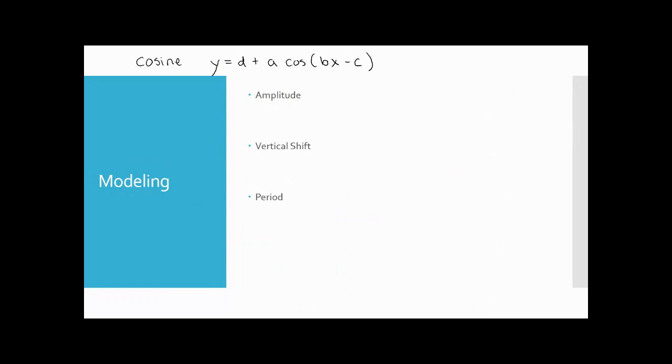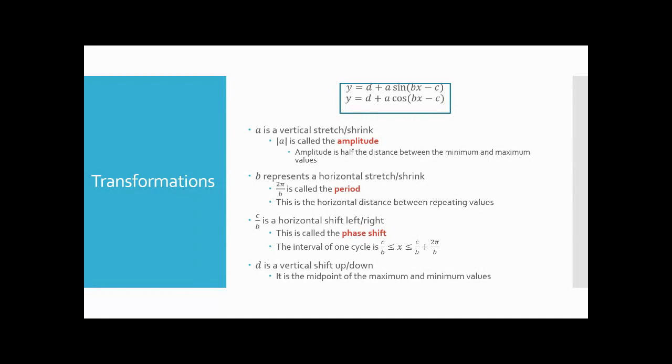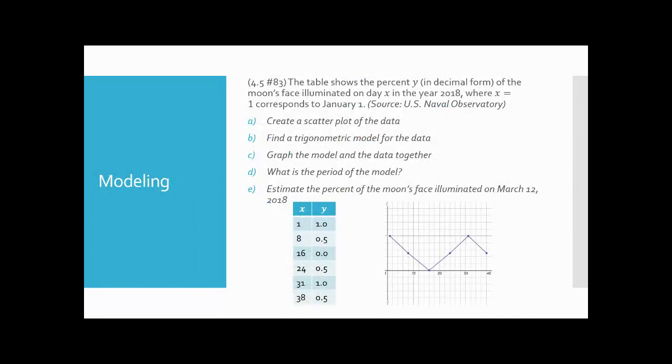If we go back to where I defined amplitude, amplitude is half the distance between the minimum and maximum values. That's going to allow us to figure out what the amplitude is based off of our data. Our minimum value is 0, and you can see our maximum value is 1.